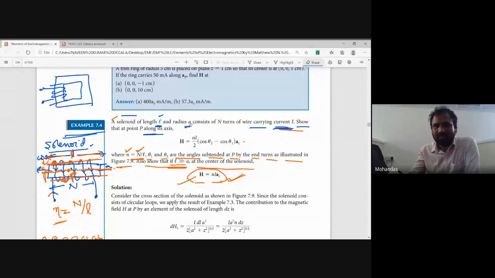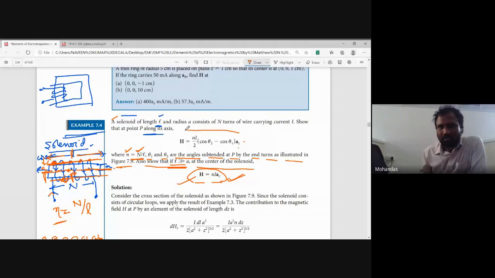All of you see this one. H equal to what? I into n, or n into I by 2 (cos theta 2 minus cos theta 1) in the direction of what? Az. Did you get the same answer or not?